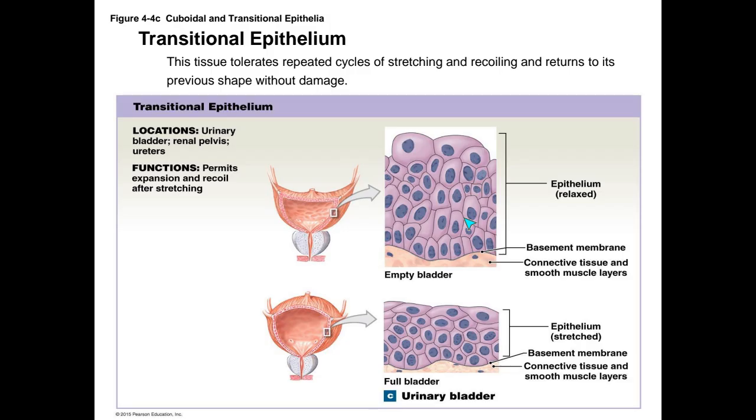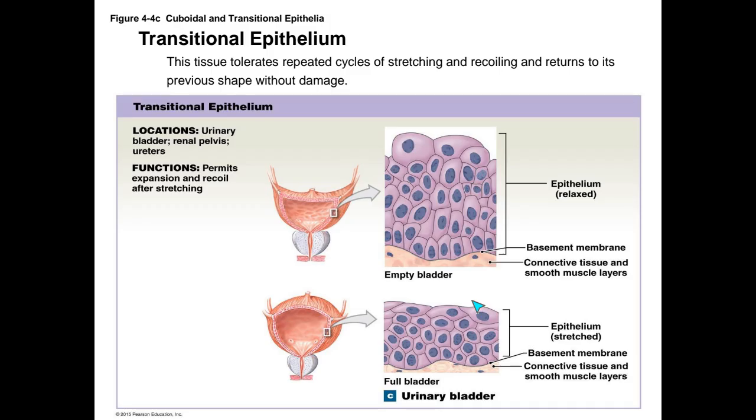And then when your bladder is full, the lining stretches, and so these cells become more flat. They flatten out. So they're not a specific shape like the cuboidal and the columnar and the squamous. They don't stay that shape.